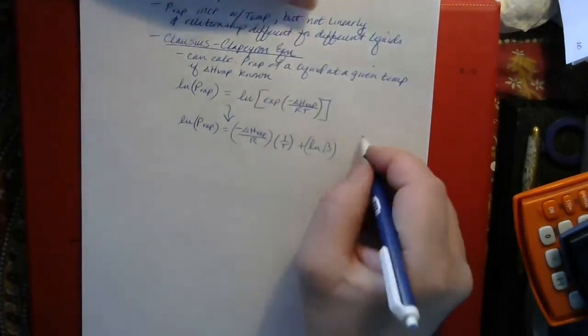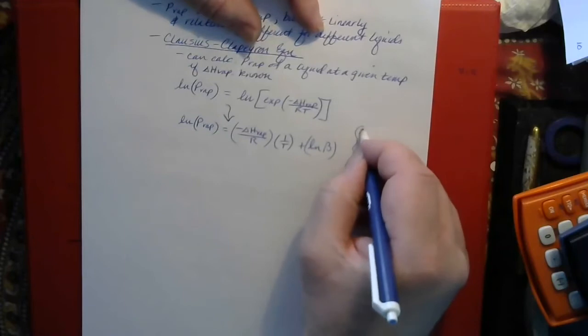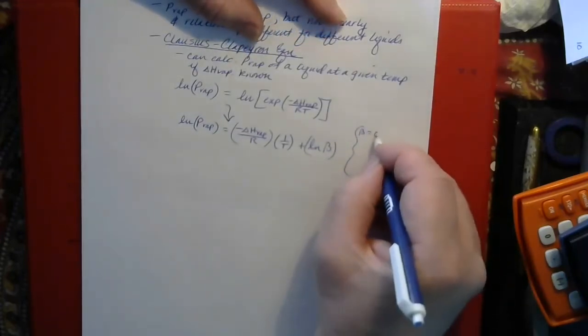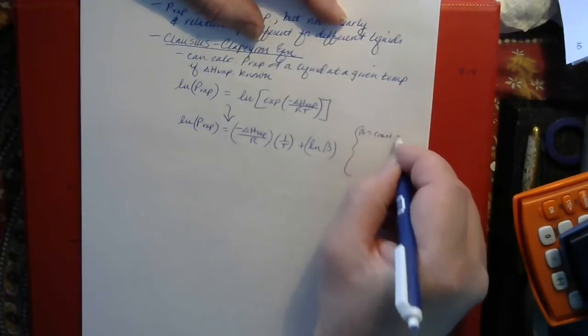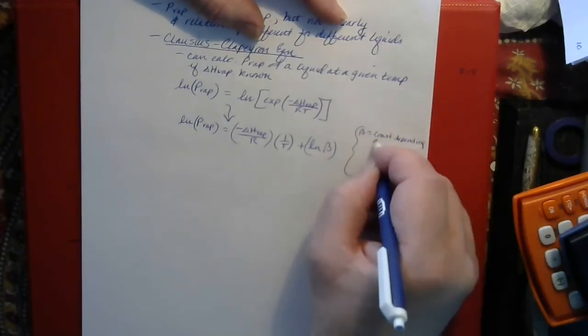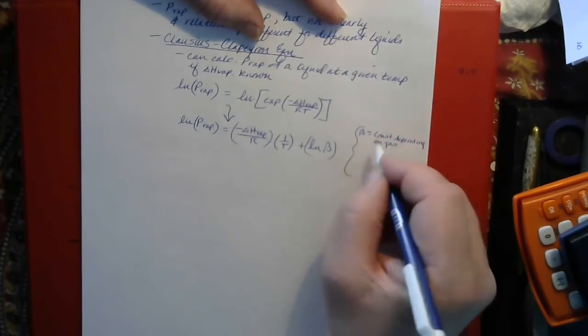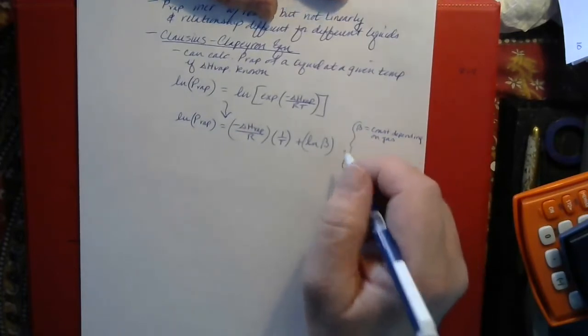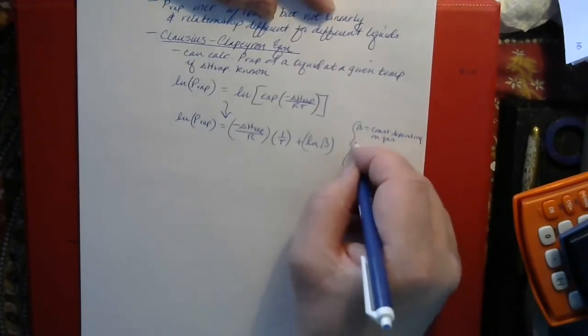And to explain what some of these things are, beta is a constant that depends on the gas. And you can look those up. There are tables of the beta constant for the Clausius-Clapeyron equation.